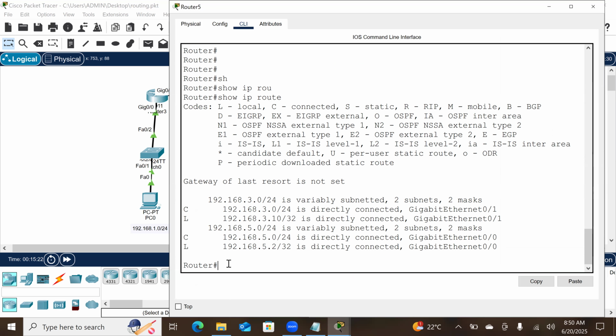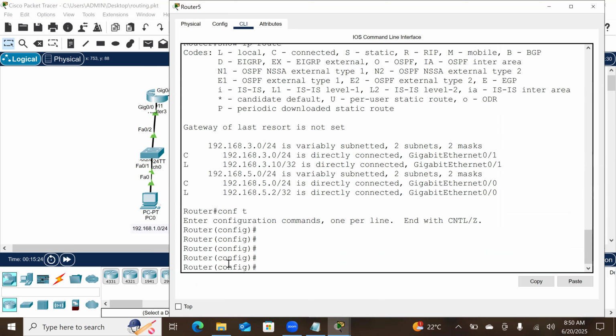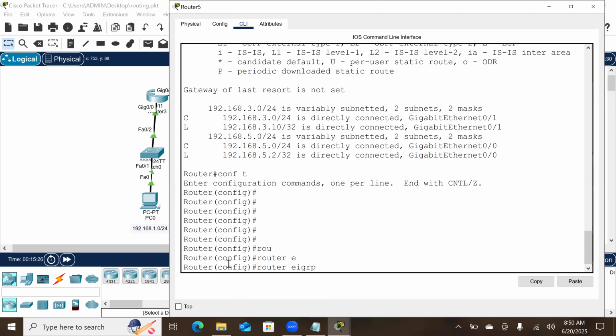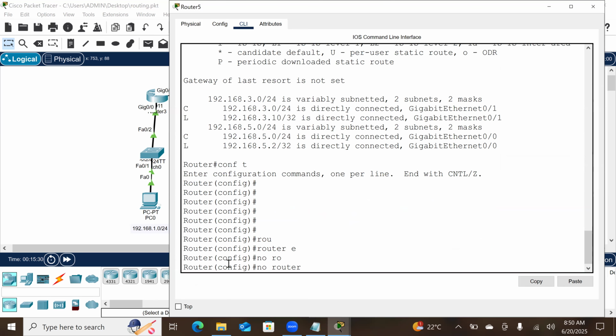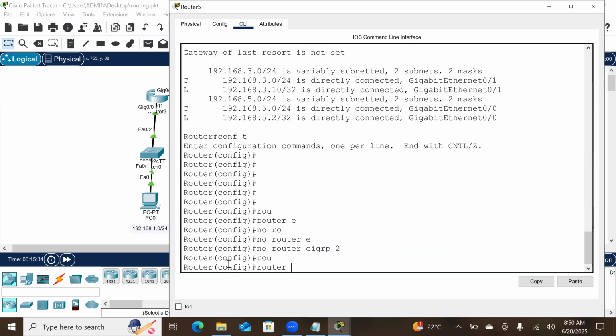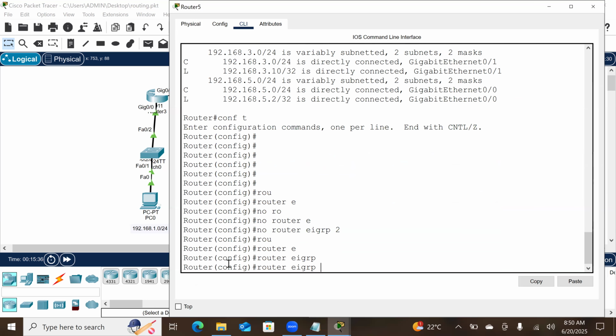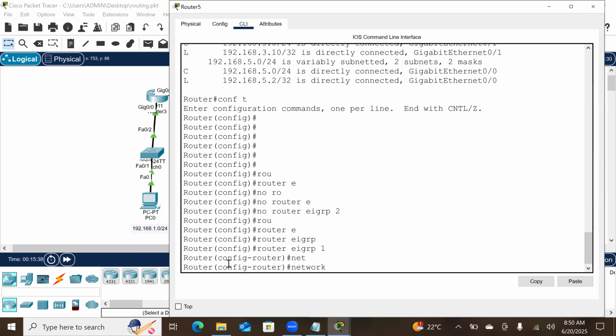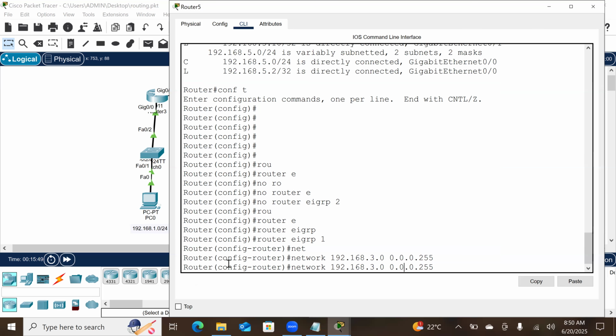Clear? So let's change that one. Router EIGRP, let's say no router EIGRP 2 and router EIGRP 1, on network 192.168.3.0 and 5.0.